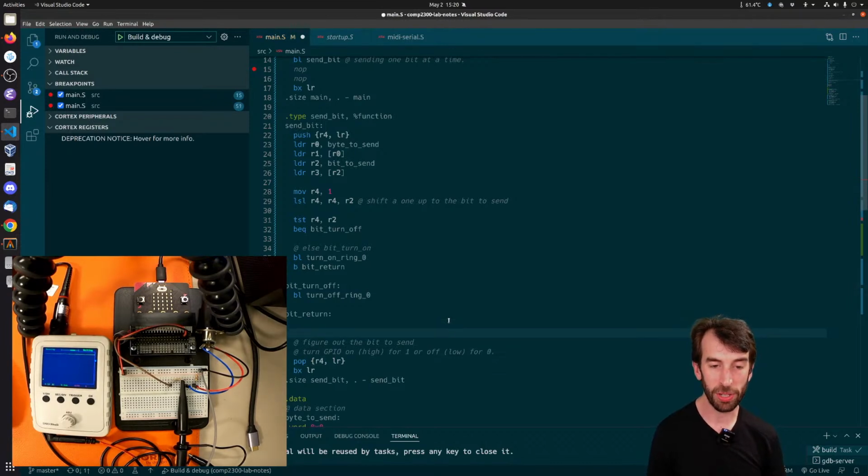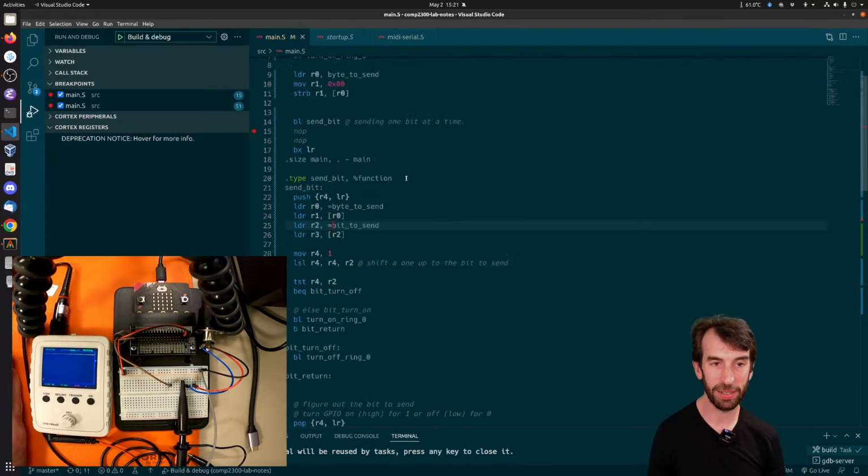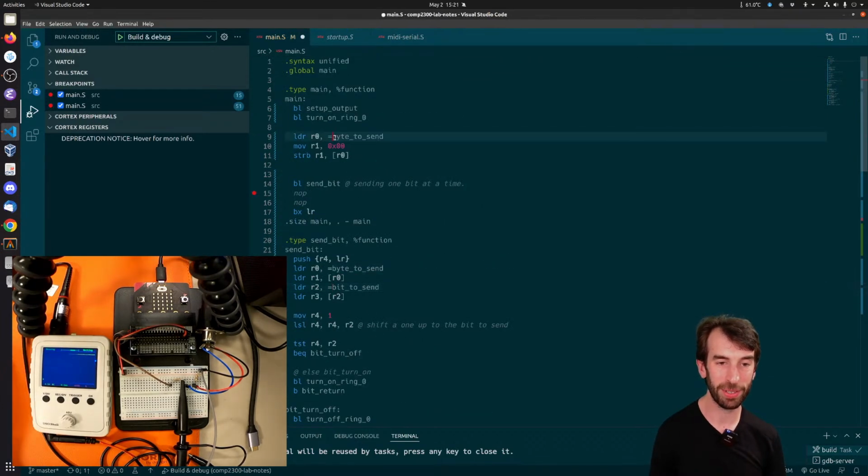But before I return, I better increment the send bit, the bit to send. So just to be super ultra careful, I need to have an equal sign in there, equal sign in there. Do I have any other things that need to be equaled? That one. People are obviously chatting to me in the chat telling me these things are wrong. What was the point of using R3?